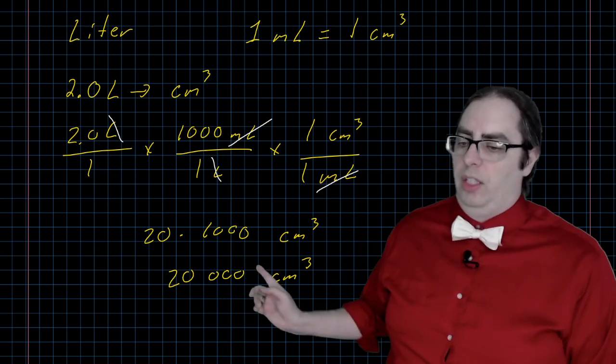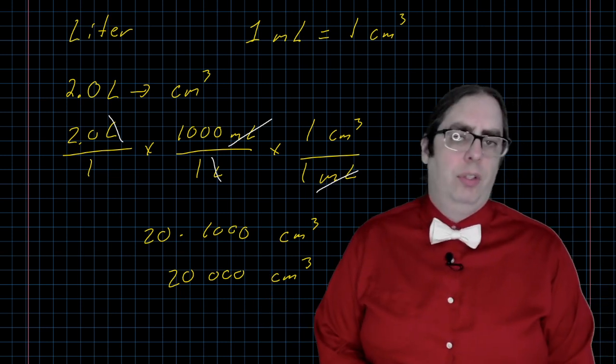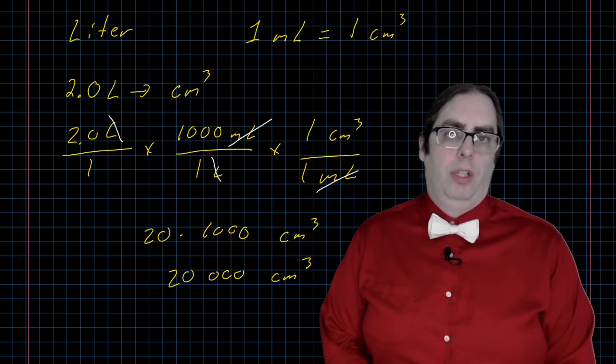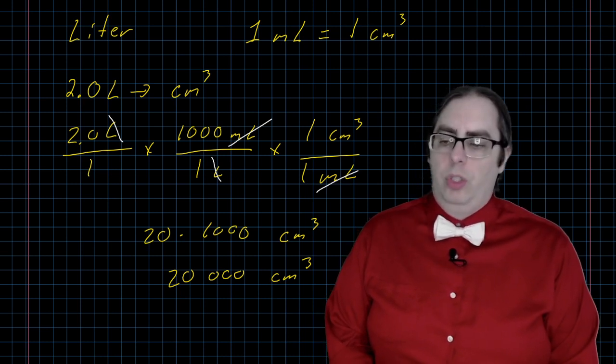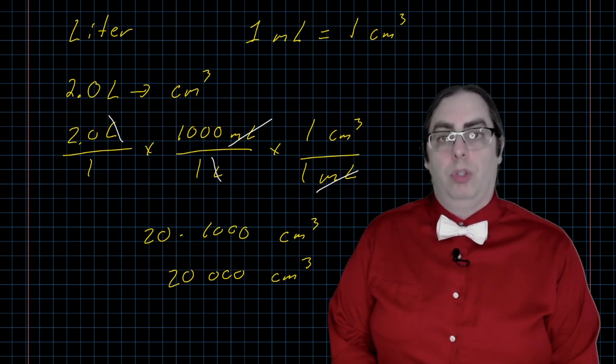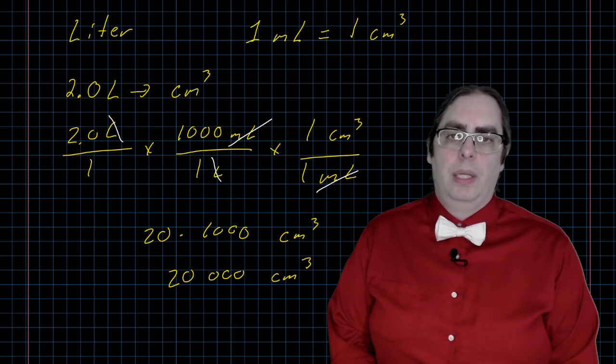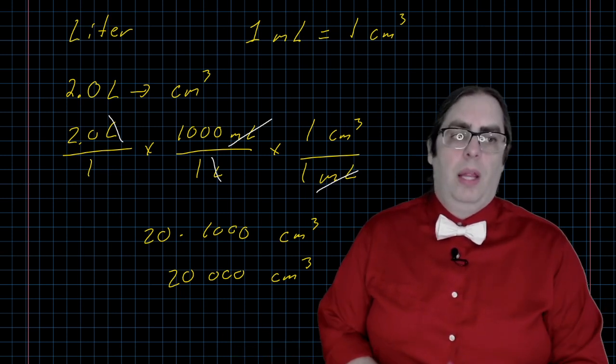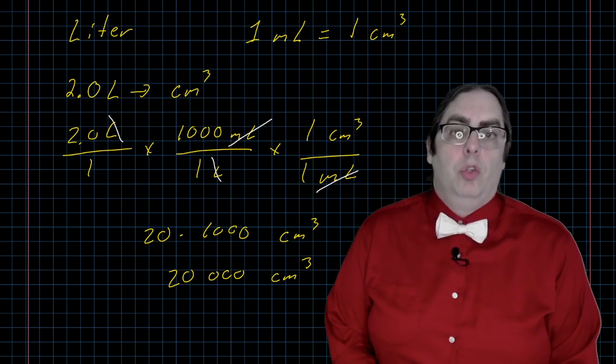Trying to express that in cubic centimeters, it's 20,000, which is a ludicrously large number. If you wanted to do cubic meters instead, it would be 0.0002. I think I said the right number of zeros. But those numbers just aren't very useful to work with.